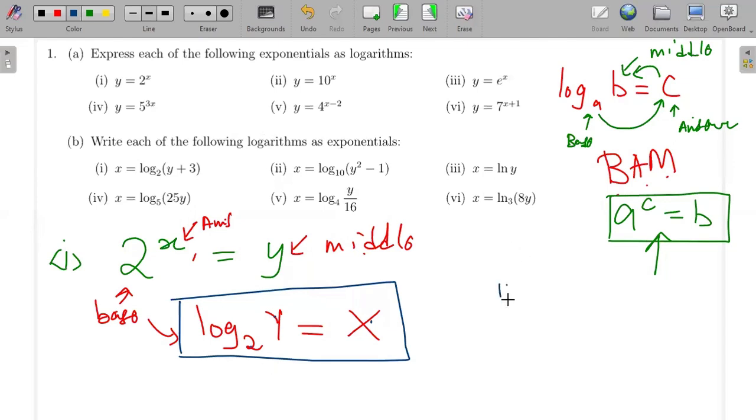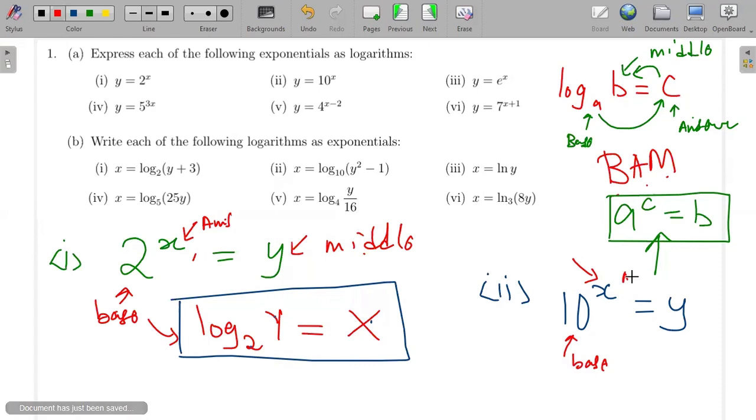Okay, what about the second one? So the second one, we have y. I should write it as 10 to the power x is equal to y. Again, we see that 10 here will be the base, and this x here will be the answer. And this y here will be the middle.